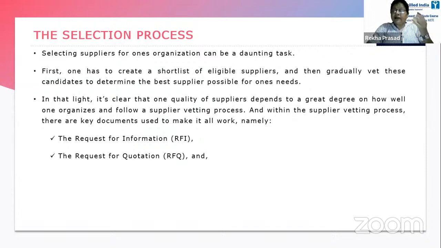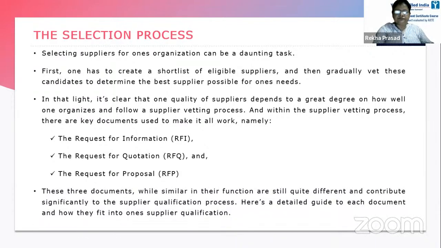What will be the price of that screw? The request for quotation. How will you select? Which supplier will be giving you the best, the things which you need? First is the request for information, request for quotation, and request for proposal, and what terms and conditions they want.